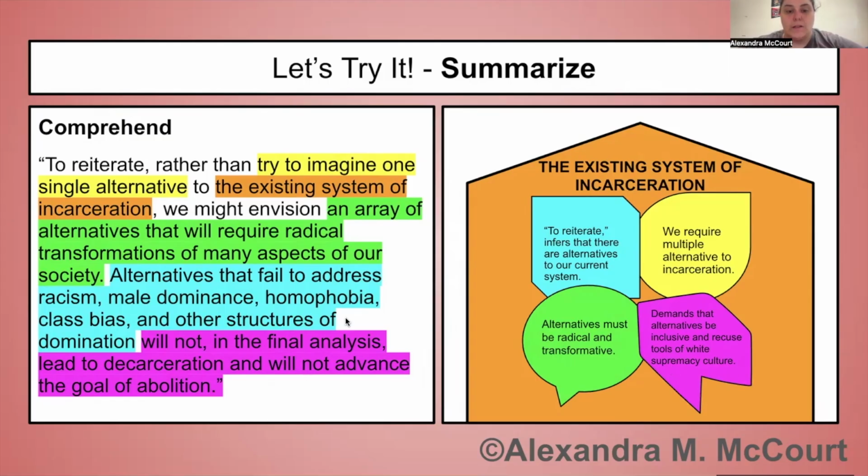So it summarizes this blue and pink section here, where racism, male dominance, homophobia, class bias, and other structures of domination are all tools under white supremacy culture. So that is a way that I paraphrased that, so that I don't have to quote directly from Davis.